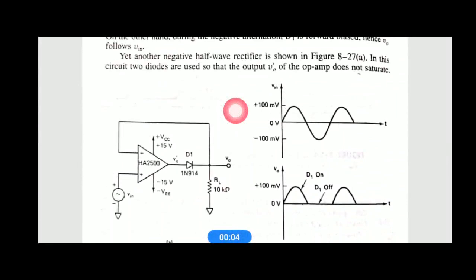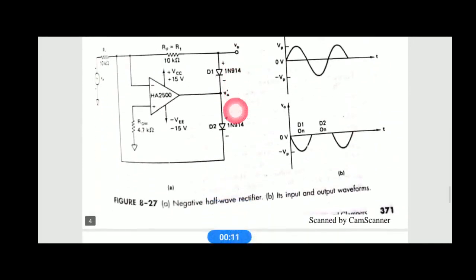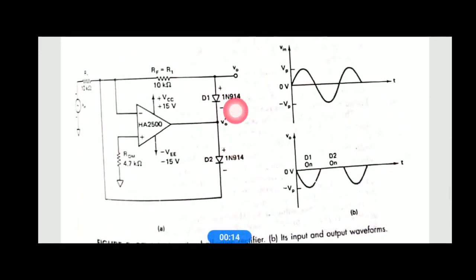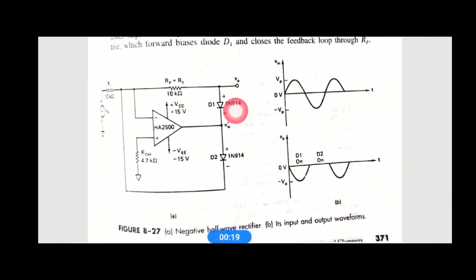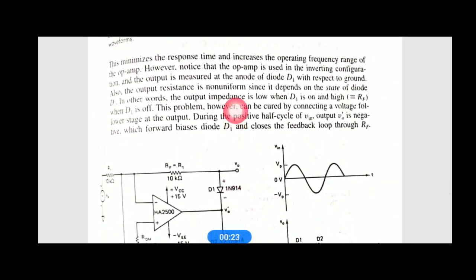In a similar fashion, yet another negative half wave rectifier is shown in figure 8.27. So here we have one more negative half wave rectifier to study. This negative half wave rectifier we utilize to avoid the saturation problem in the previous circuitry, which increases the response time.